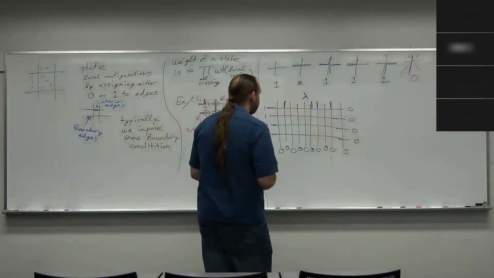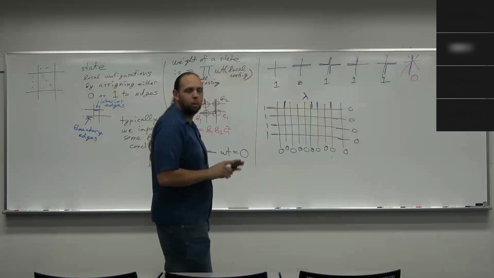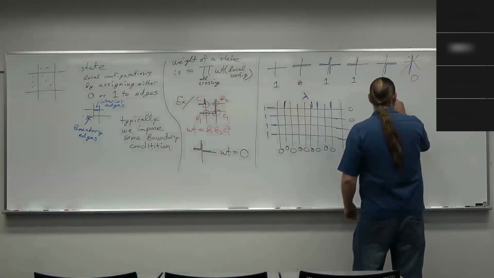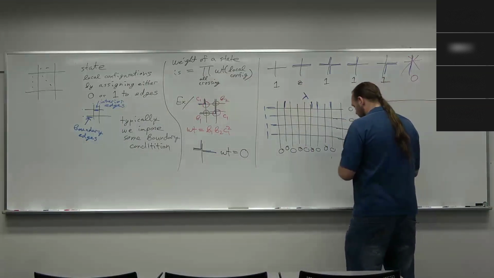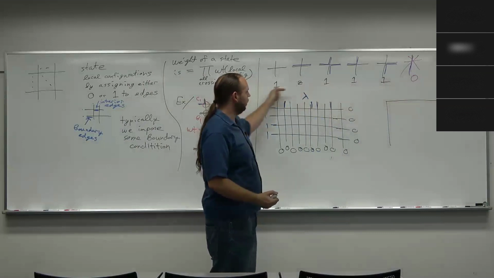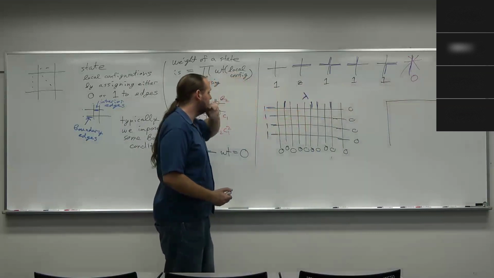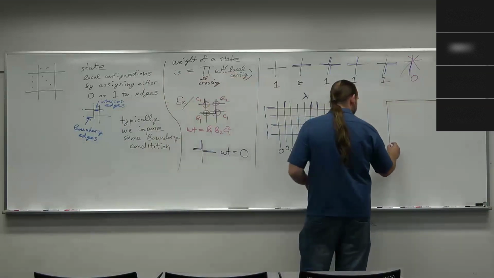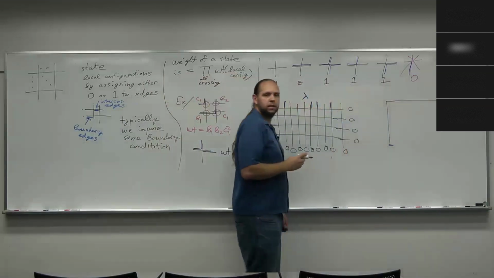So let me draw lambda in a more convenient way. What I'm going to do is read it from left to right. And every time I see a hole, I'm going to start at some point down here.